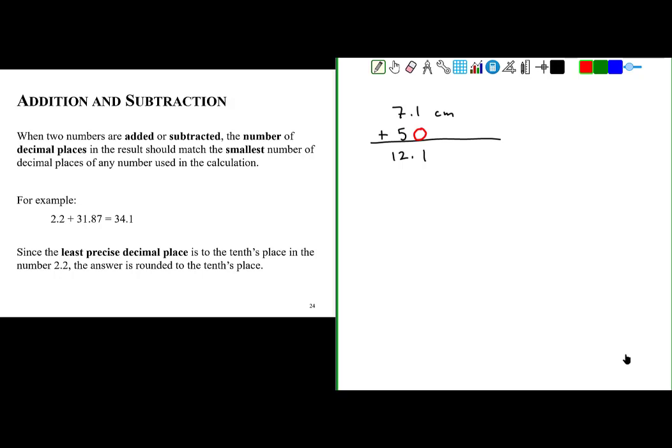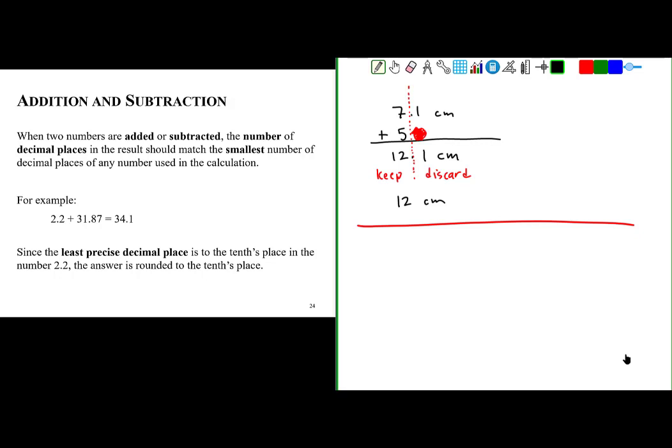So this right here, we don't know what that value is for the number 5. So what I'm going to do is draw this vertical line, and I'm going to keep things on the left, and I'm going to discard things on the right. So we would report this value as 12 centimeters.